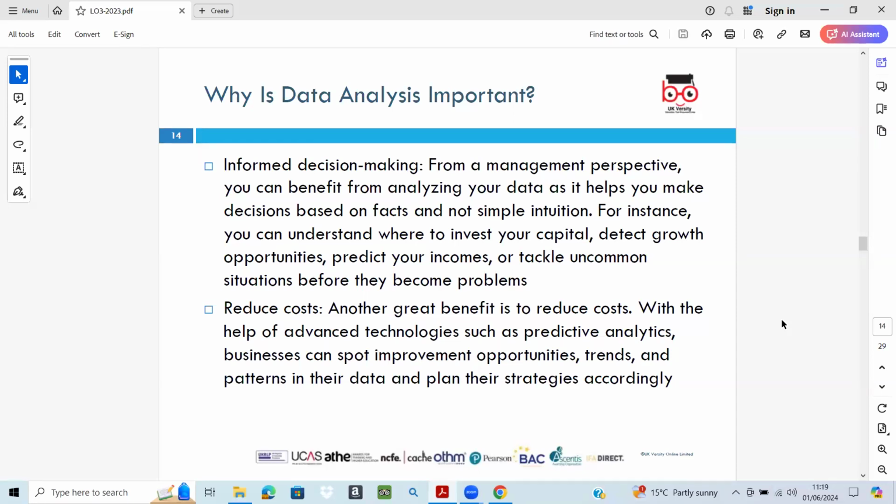Data analysis uncovers trends, patterns, and correlations in data that may not be apparent through manual analysis. And data analysis assists in identifying and mitigating risk early by predicting potential issues and planning strategies to address them. So these all are the important aspects, and that's why data analysis is important.